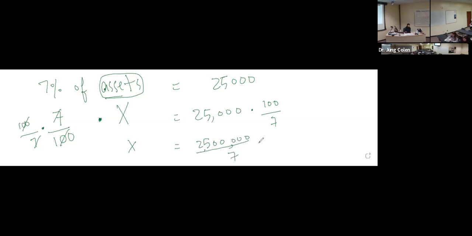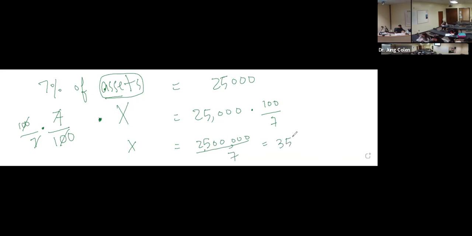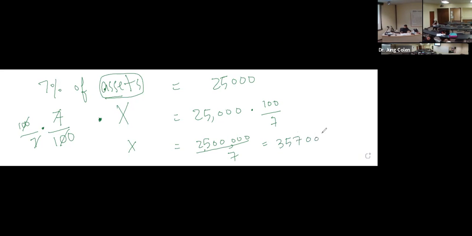Is it calculator? What do you get? I have 357,142. I'll say that again. What is it? 357,142, and then 85 or 86 cents something. Okay, so about that.